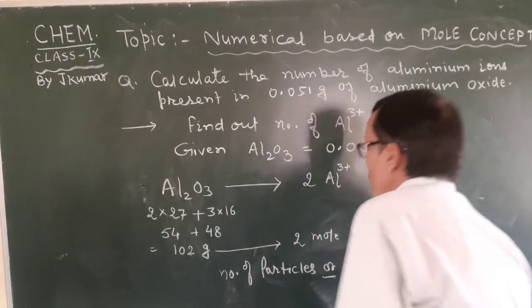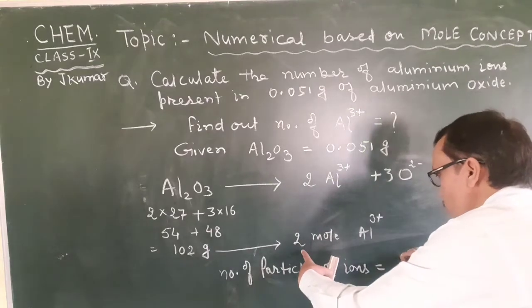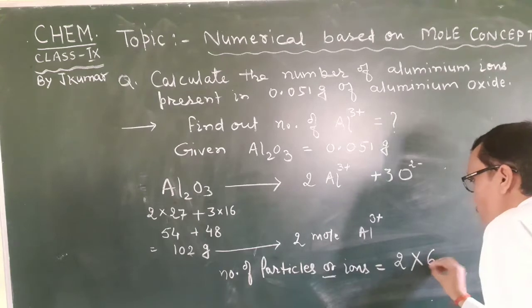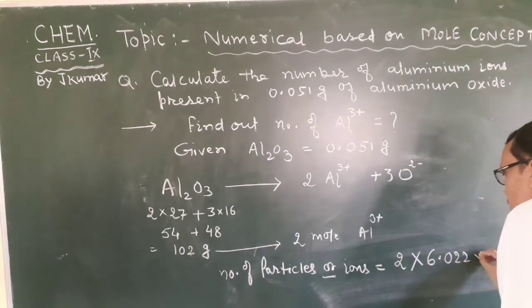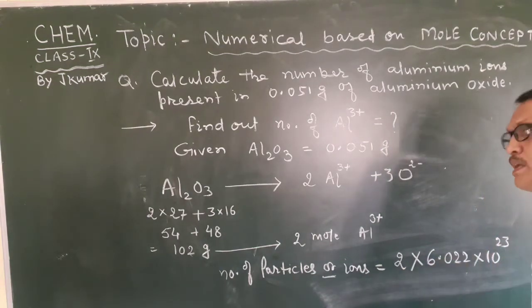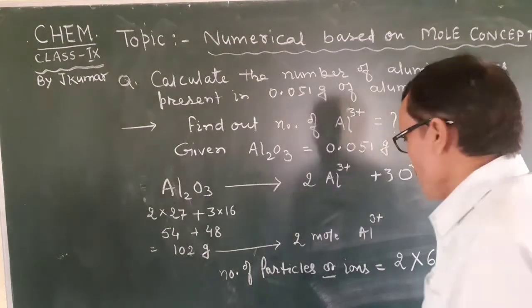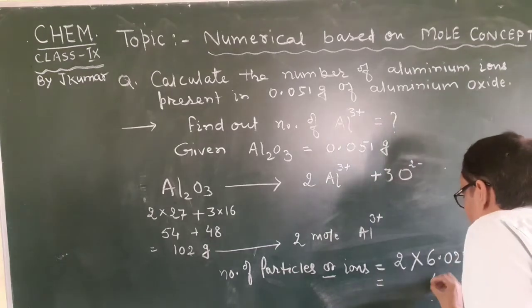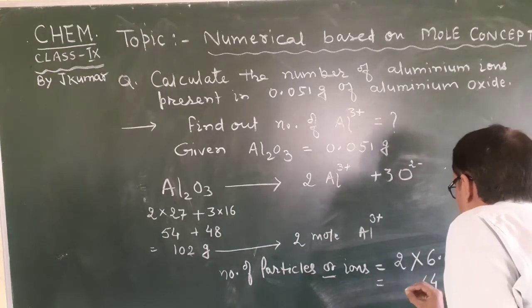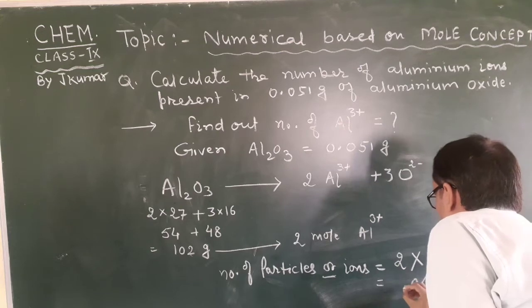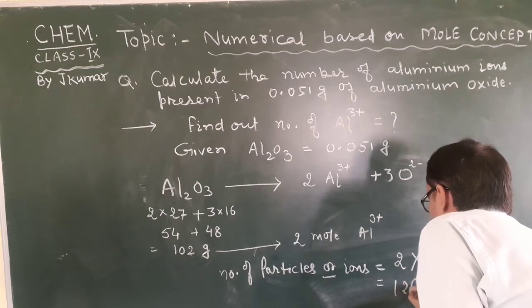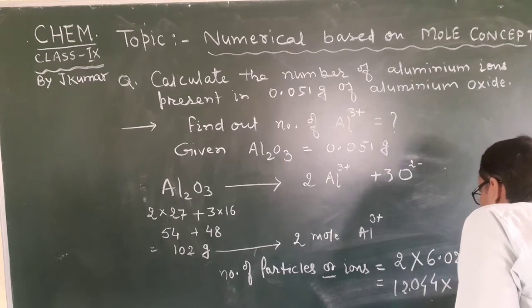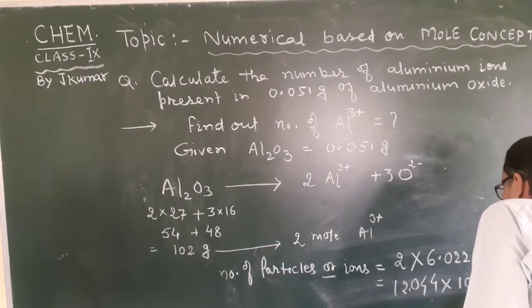You have to multiply 2 moles by 6.022 multiplied by 10 to the power 23. When you multiply this, you get 12.044 multiplied by 10 to the power 23 aluminium ions.